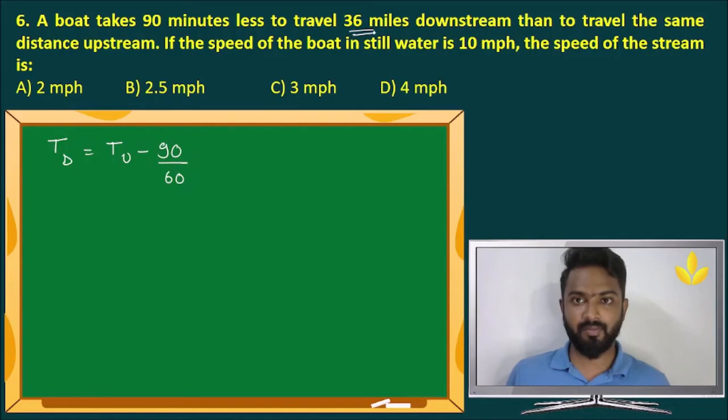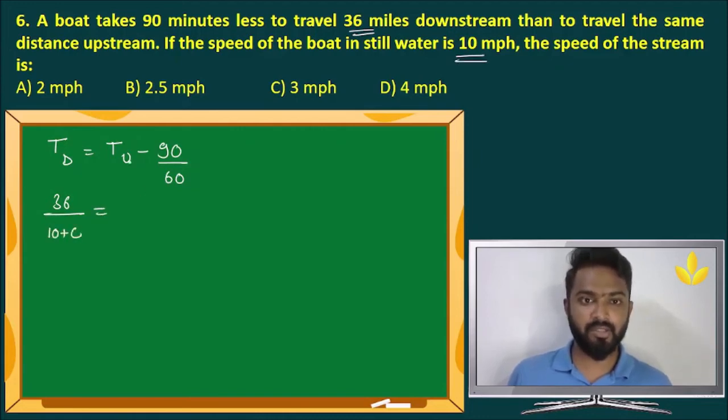Distance is 36. So 36 divided by downstream speed is B plus C. And B is already given, that is 10 miles per hour. So 10 plus C equals, this one is again distance by speed. Distance is 36 divided by 10 minus C, because upstream that will be minus. That is minus 90 by 60, which is nothing but 3 by 2 or 1.5.